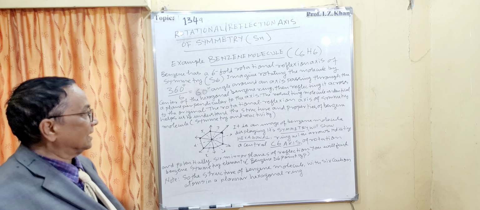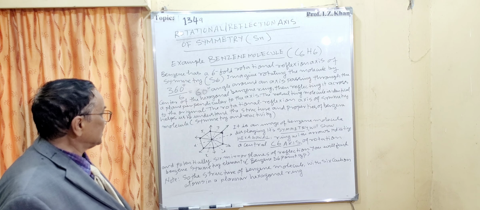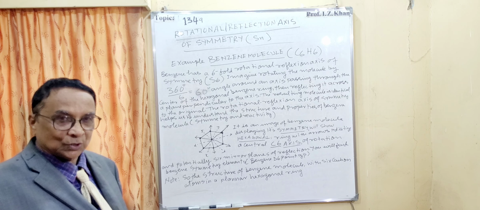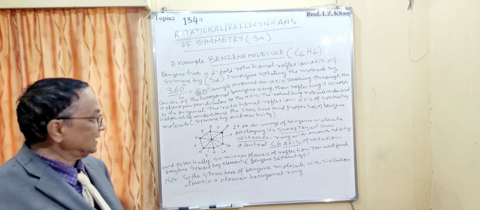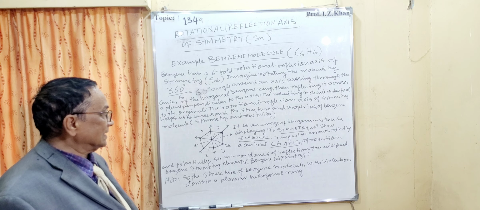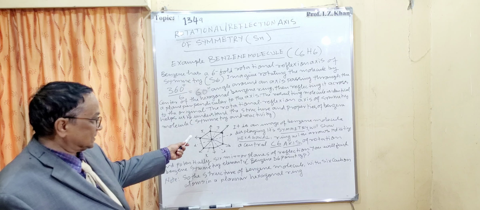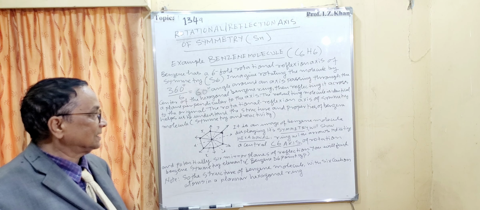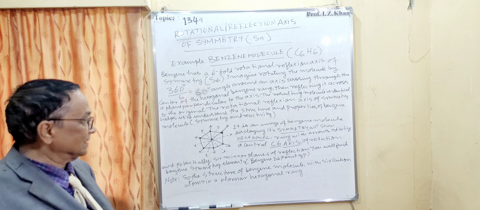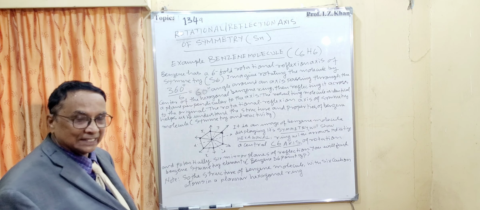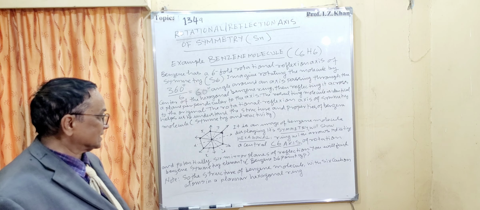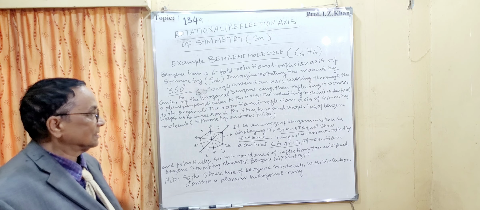The rotational and reflection axis of symmetry helps us to understand the structure of the benzene molecule and also its stability and reactivity, that is, symmetry and reactivity. So it is an image of the benzene molecule which is shown here, displaying its symmetry. It will show a hexagonal ring with arrows indicating a central C6 axis of rotation and potentially 6 mirror planes of reflection.